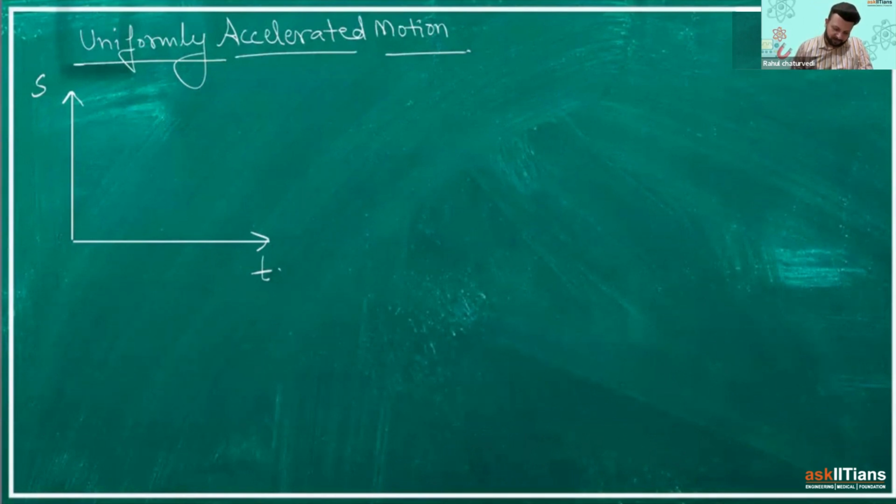So if I say that the initial velocity is zero and the final velocity has some value, and at t equal to 0 the position is s equal to 0, right? So initially the position is s equal to 0 at t equal to 0, and the initial velocity we are considering u equal to 0, and the final velocity, at t equal to t, has some value v, right?